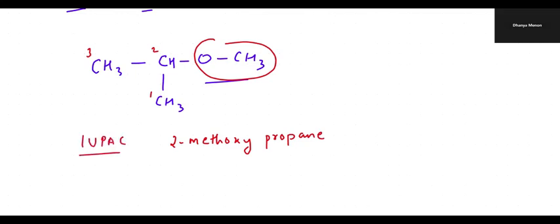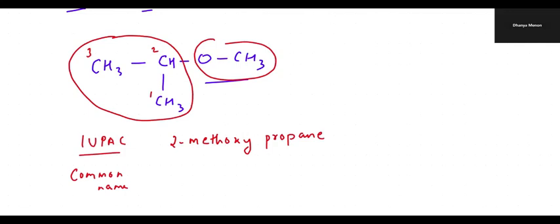And the common name here will be what? This is the isopropyl group. We have done the video on this. So this is the isopropyl group. Isopropyl. Apart from the isopropyl, there's also a methyl group.